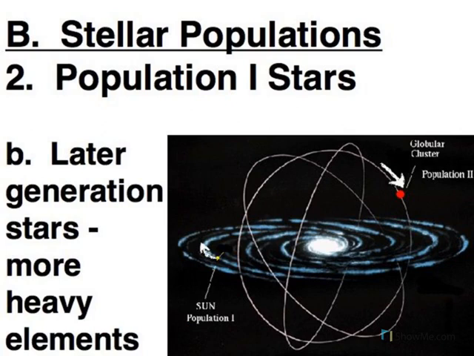The main characteristics of population 1 stars is that they are later generation stars. Now, star generations is always tricky. Later generations mean that they formed more recently. So these are the ones that came along after previous stars.